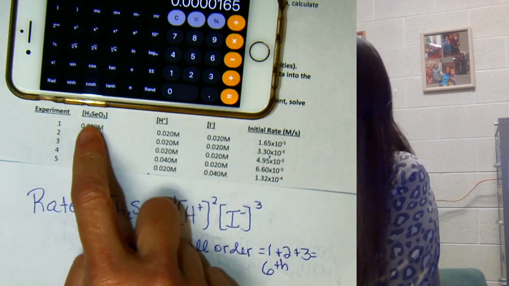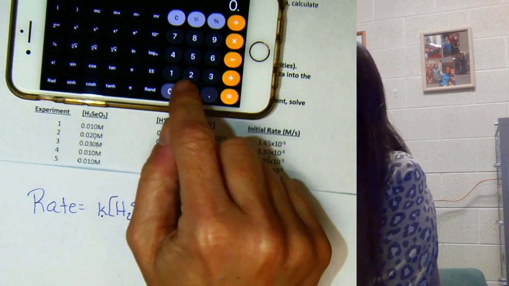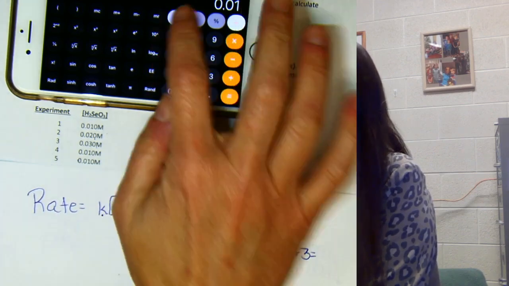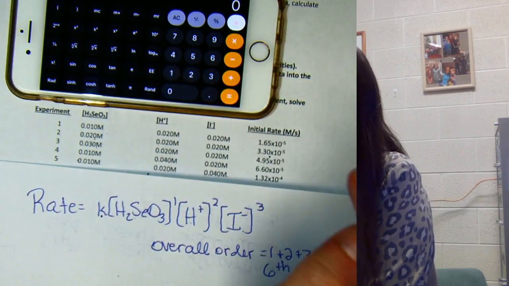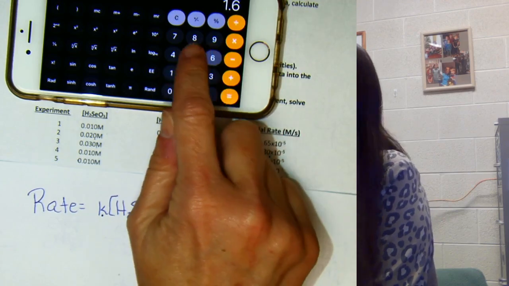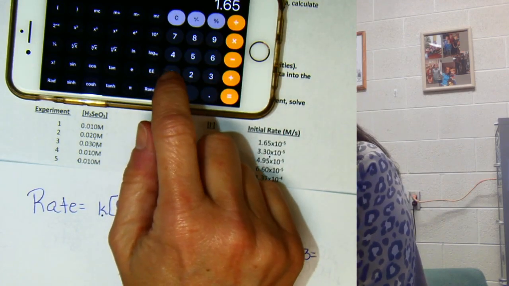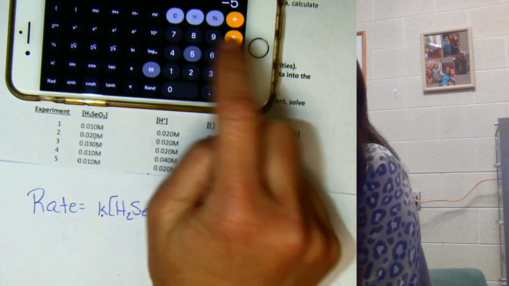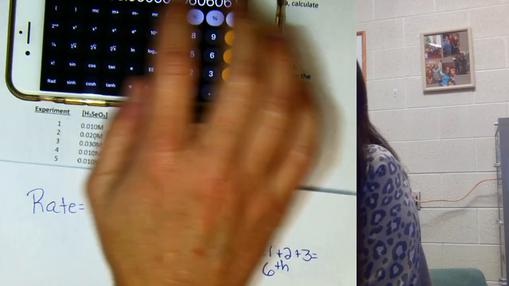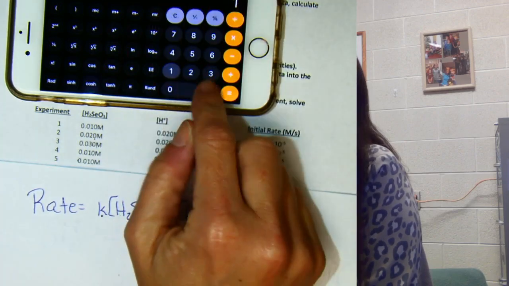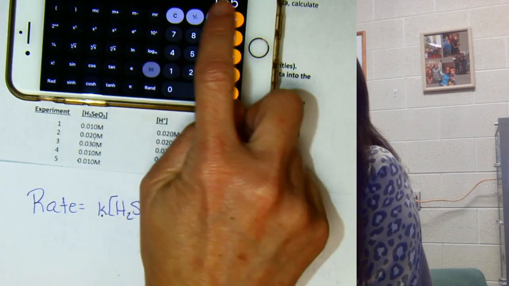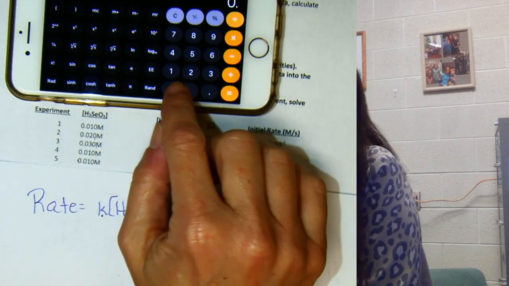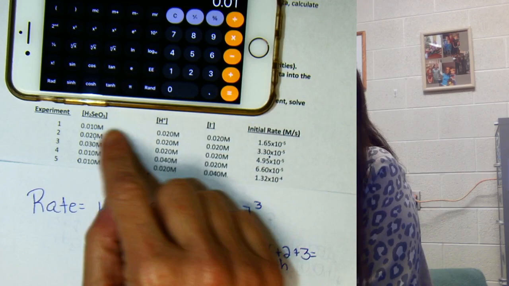We divide it by the concentration of H2SeO3 to the first power, 0.01.